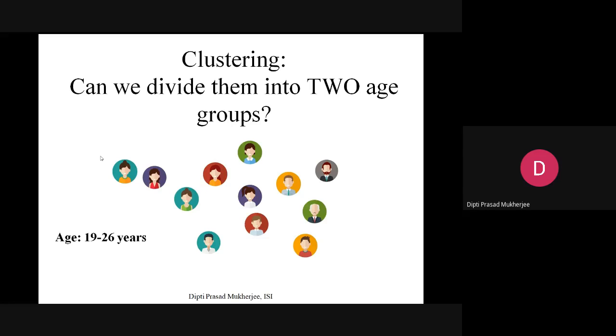So can any of you name any clustering algorithm? K-means clustering. Yes, that's one of the widely used and widely abused clustering algorithms. But I would like to take attention to the fact that the number of clusters are given in the problem. Can you name an algorithm where the number of clusters are not given?